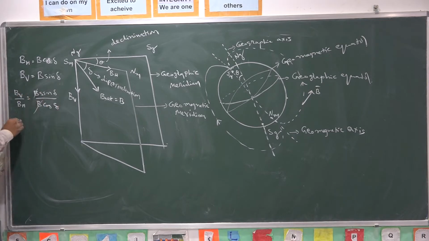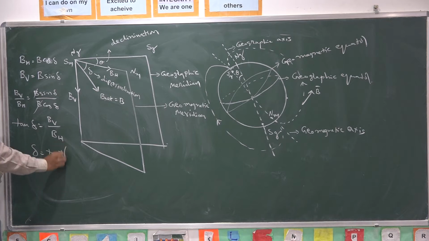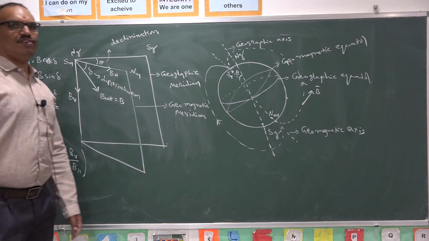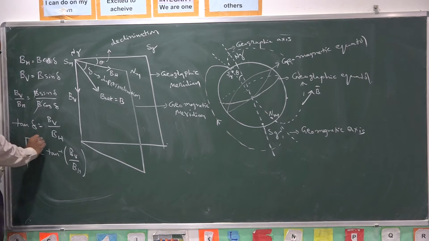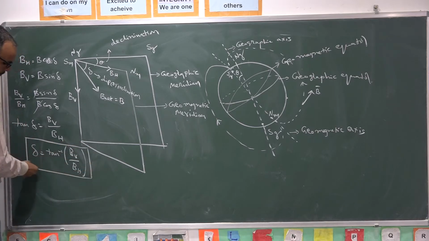B gets cancelled. So tan delta is equal to BV by BH. Delta is equal to tan inverse BV by BH. So this formula will help us to find the dip at a given place.